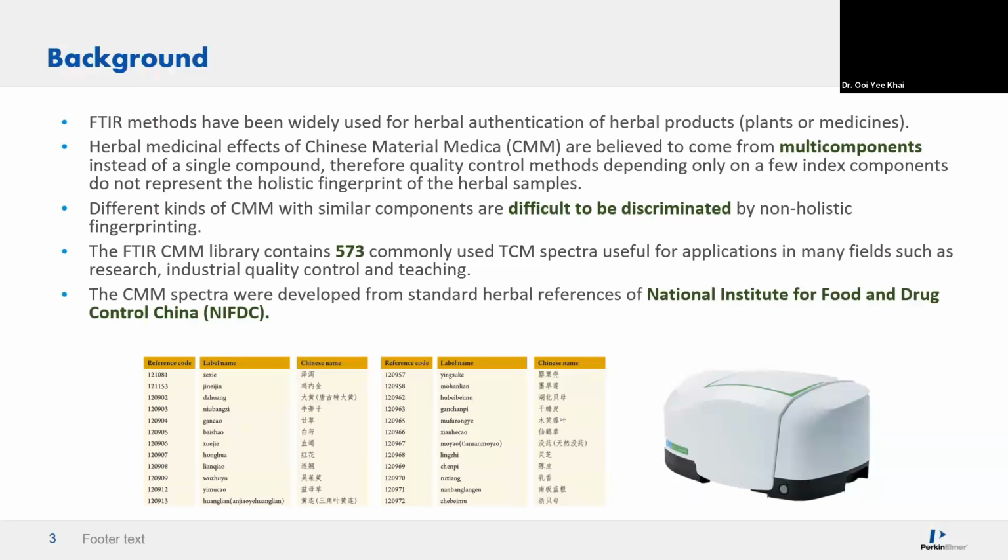The FTIR CMM library contains 573 commonly used CMM spectra, useful for applications in many fields such as research, industrial quality control, and also teaching. The CMM spectra were developed from standard herbal reference of the National Institute for Food and Drug Control China, NIFDC.